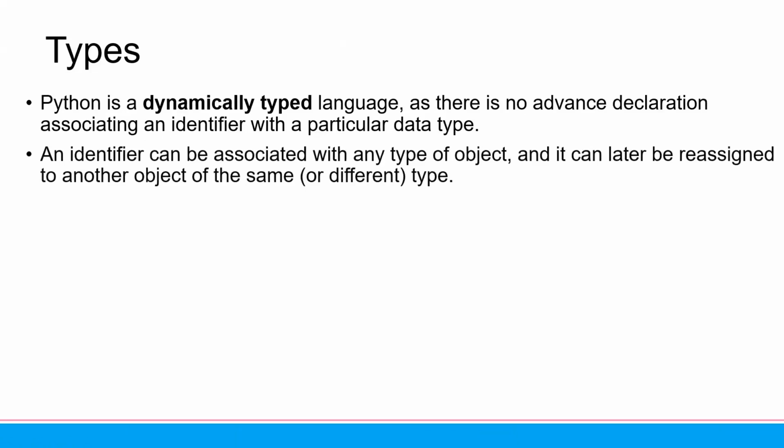An identifier can be associated with any type of object, and it can later be reassigned to another object of the same or different type. So I already gave you one example, the temperature. Once I assign a float value, I can reassign an integer value without any problems.